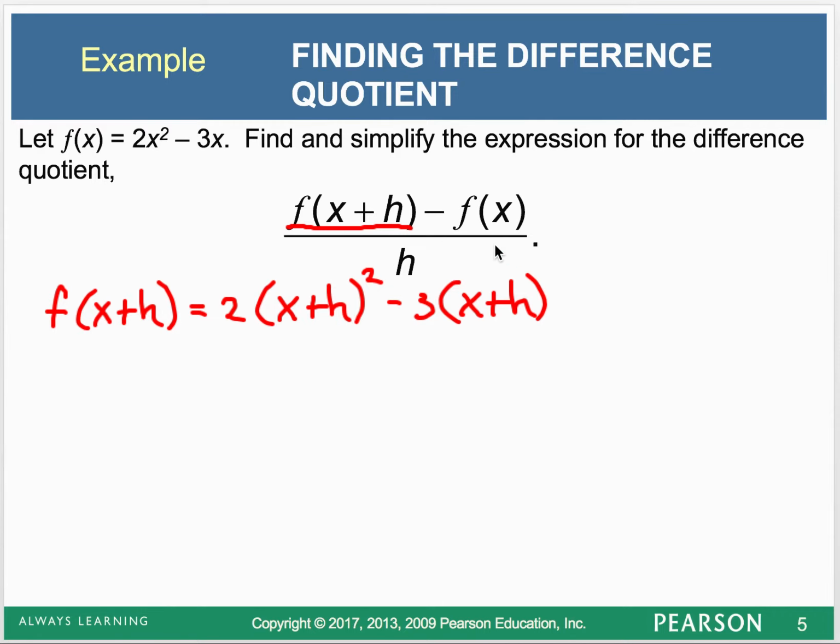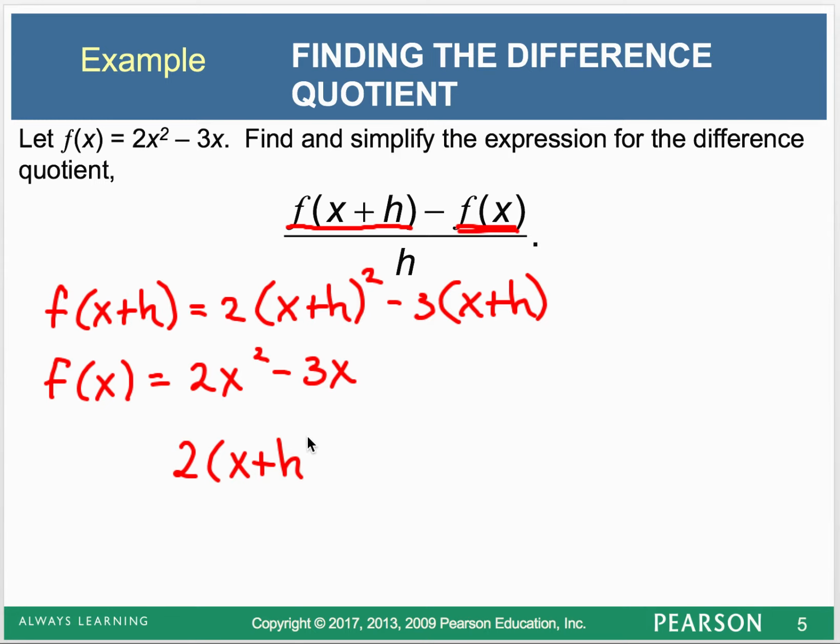And then f of x, we're already given f of x. So f of x is 2x squared minus 3x. So now, here's my two functions. I'm just going to subtract them. So I'm going to take this first function, and I'm going to subtract the second function.